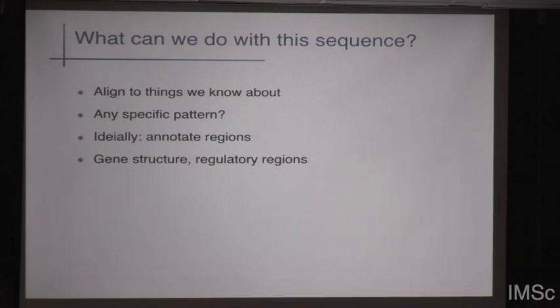Some sequences are very AT rich, which means they're filled with A's and T's. Some sequences are more GC rich. Some organisms inherently have a lot more AT than CG, and whether that means anything. Ideally, we would like to annotate regions.